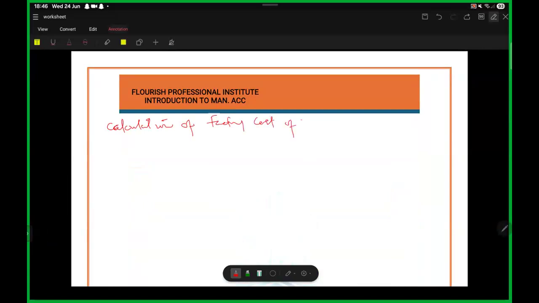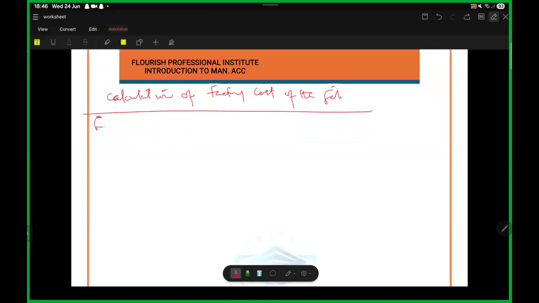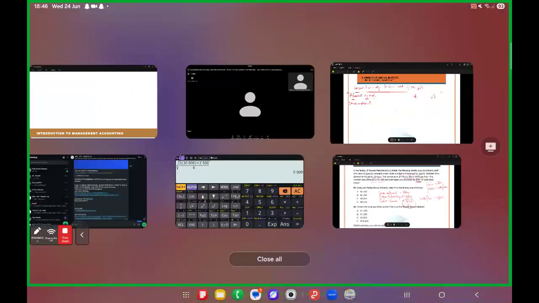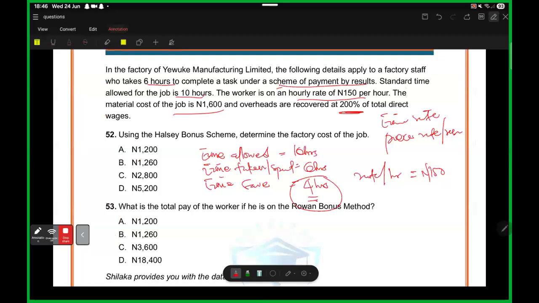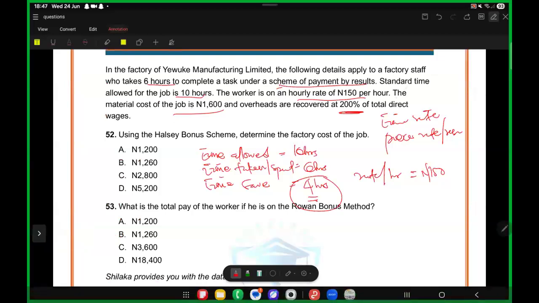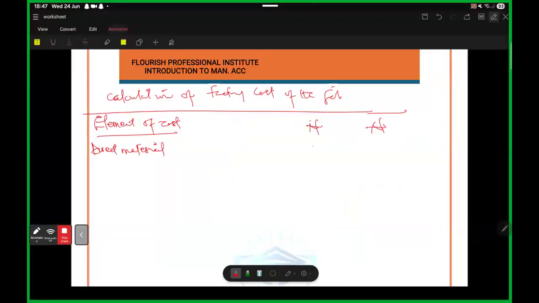Factory cost of the job is very simple. We first state our elements of cost, and our elements of cost start from the direct material cost. From the question, we are told that the material cost of the job is 1,600 naira.